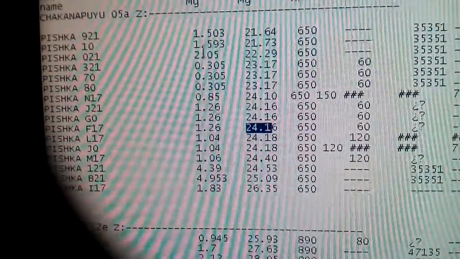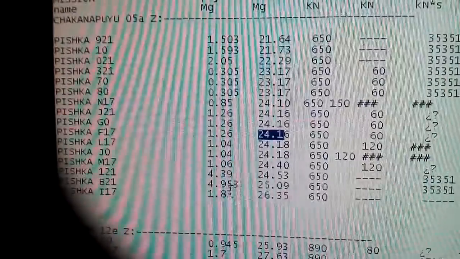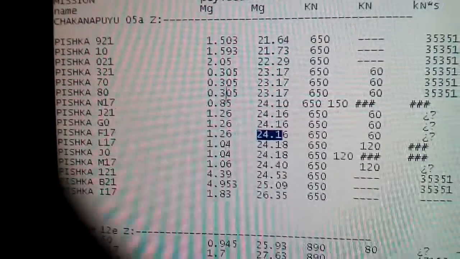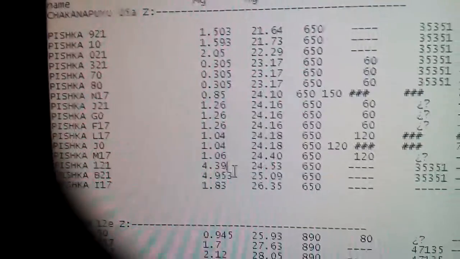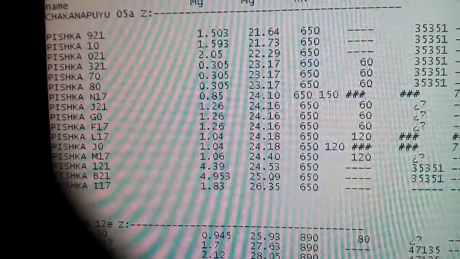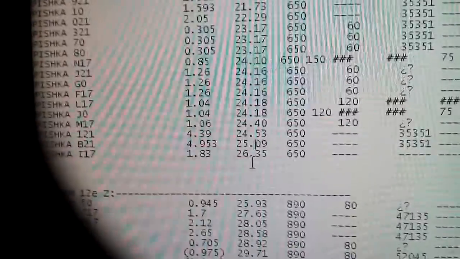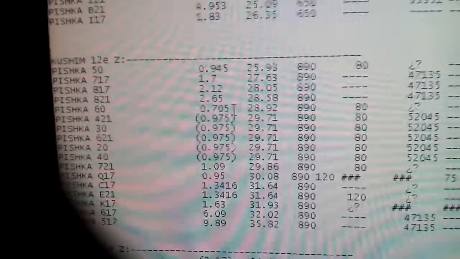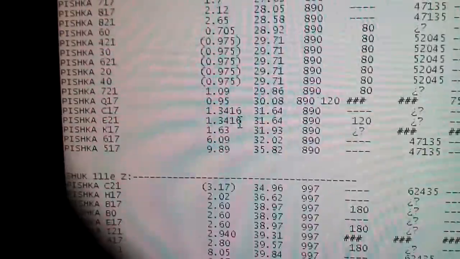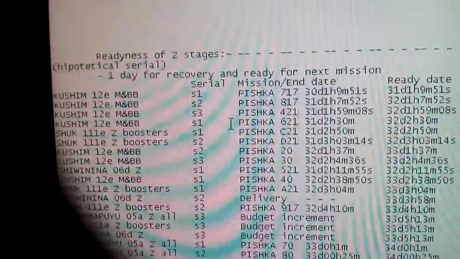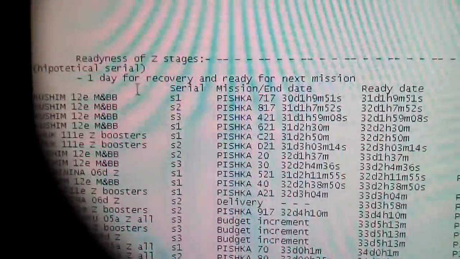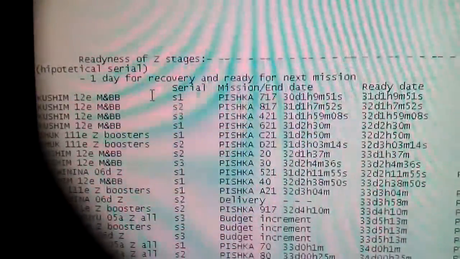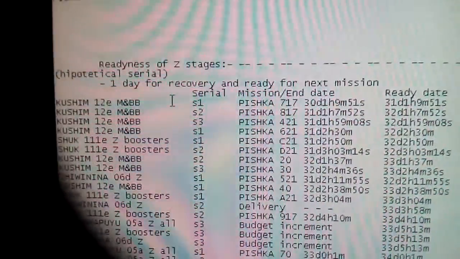I could search here for what payload a given configuration could carry to reach the orbit. This is easier to configure and get the rocket ready than using complex formulas and things like that. I implemented a hypothetical serial for this mission.